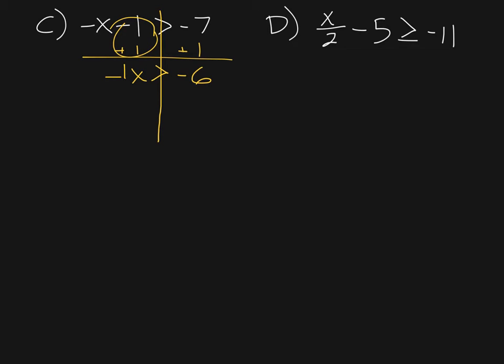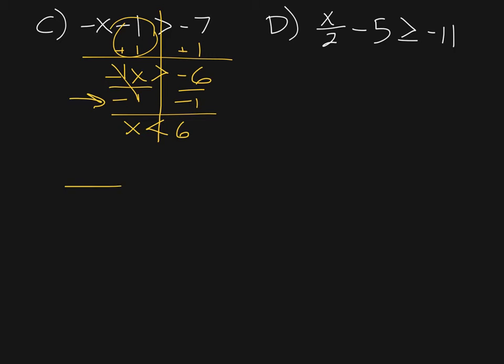Negative x is the same as negative 1x. So what we're going to do is we're going to divide by negative 1. Negative 1 divided by negative 1 is 1. We're left with x. We have 6 on the right, and because we divided by a negative, we flip the inequality. Okay, dividing by a negative means we have to flip it.